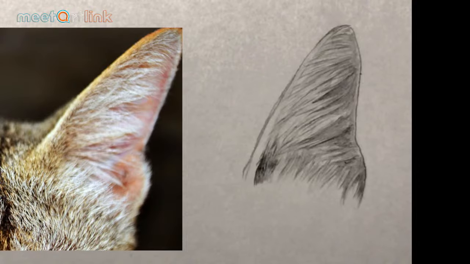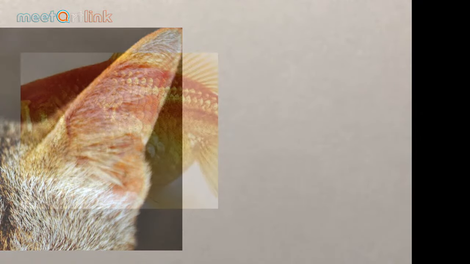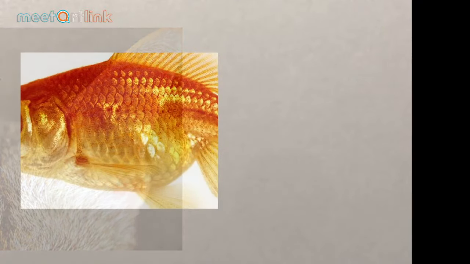So we're going to continue with this one. We're going to change our camera a bit. Yeah, that's good. And we are going to go with this one. So yeah, this is just a goldfish.